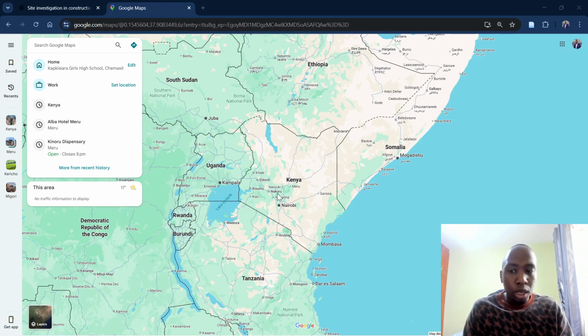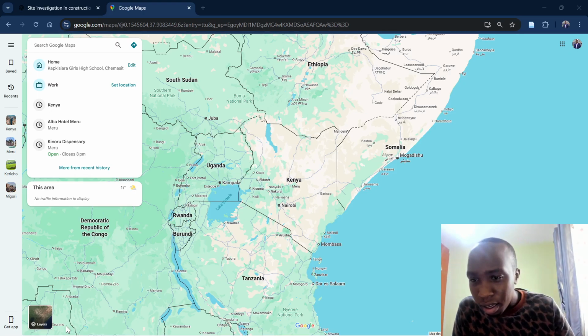So, guys, can you see the map? Can you see the map? Yes, you can see. Okay. So in this map, is it possible to tell the climate of an area? For instance, Gitonga Joshua, where's your home?